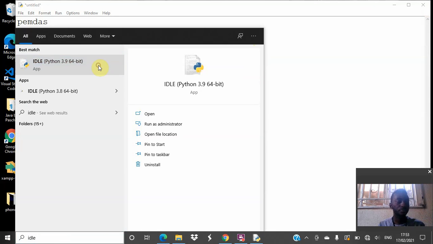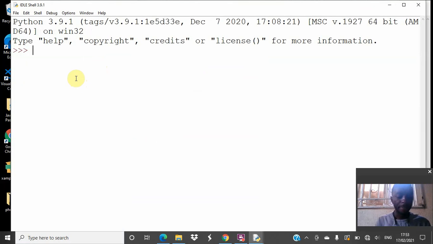So, now let's say we have 9 plus 2 minus, open parenthesis, 3 multiplied by 6, close parenthesis, then divided by 2. So let's see, this gives us 2.0.